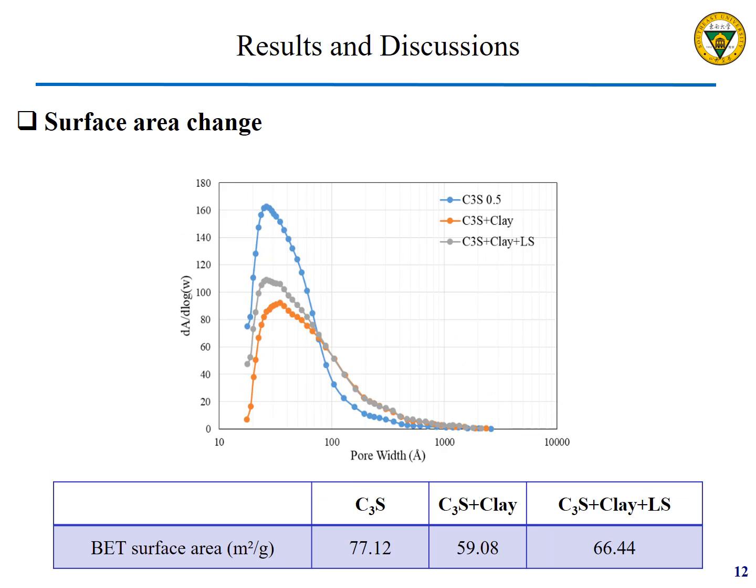So, another very important factor is the surface area. For the surface area, it is clear that all the peaks are around 2 to 5 nanometers. However, we can also see the pure C3S system shows the highest peak, and the systems with only clay show the lowest peak. And this is from the C-S-H.